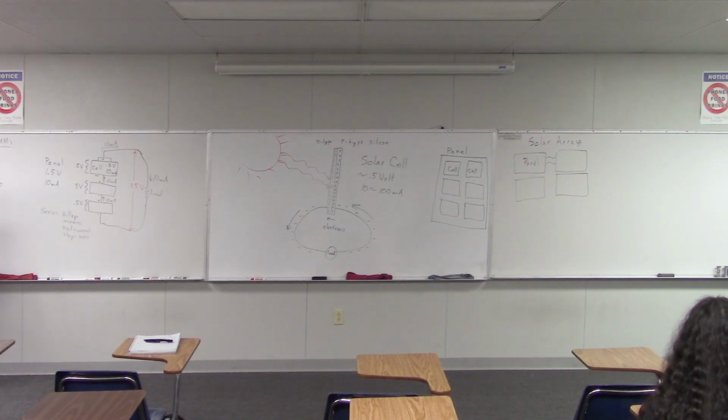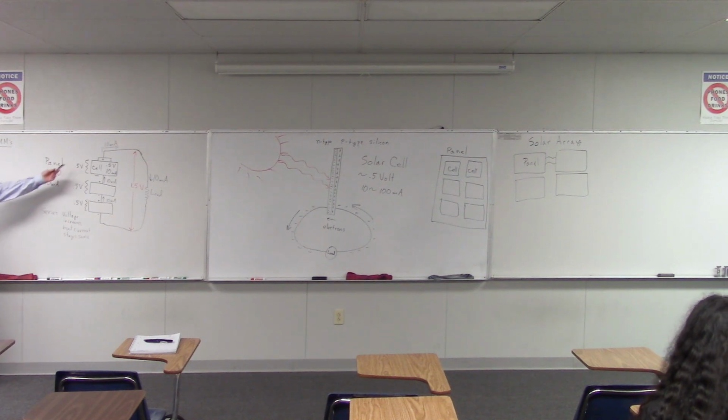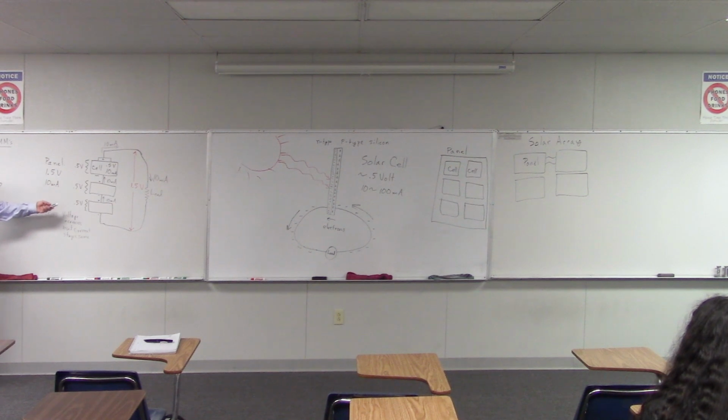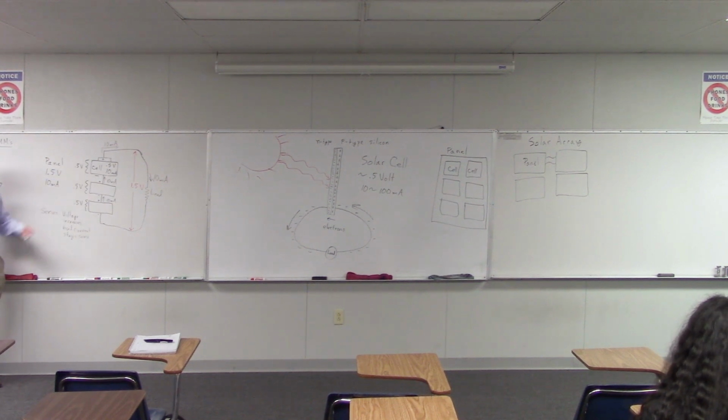Okay? If we need more voltage than we would get from one single cell, we can wire those cells together in series and get more voltage out. So any questions about that?